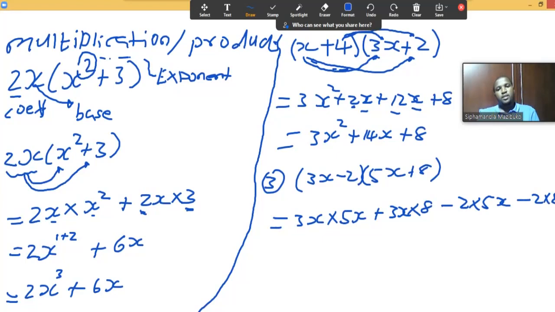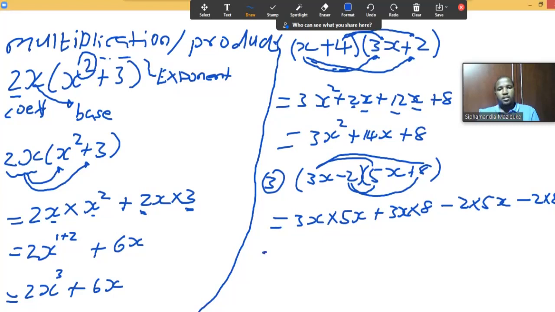Can you see what is happening? We multiply that with that, and we also multiply this with that. We do the same thing. We multiply this with that, and we multiply this with that. So you see, we're always using negative 2 times 5x, negative 2 times 8.